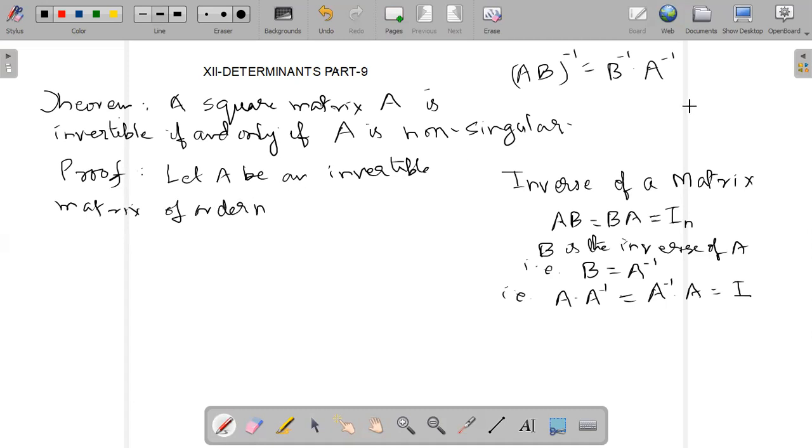When we are writing order n or m, that shows that it is a square matrix. When it is not a square matrix, we are writing the order m into n, m rows, n columns.